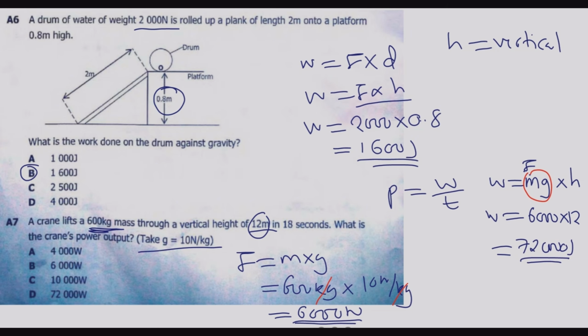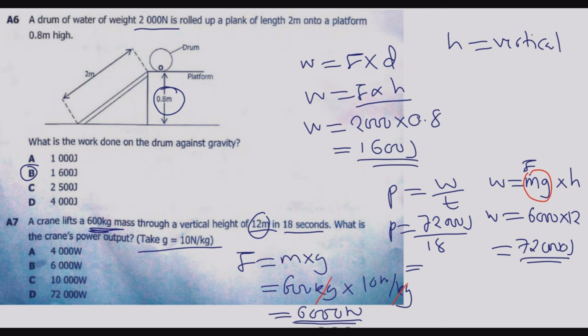So now power, we said, is work done over time, and time should be in seconds, and we have 18 seconds. So power now is equal to 72,000 joules divided by 18 seconds. When we divide that, remember 18 times 2 is 36, 36 plus 36 is 72.